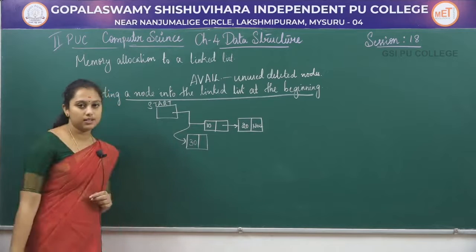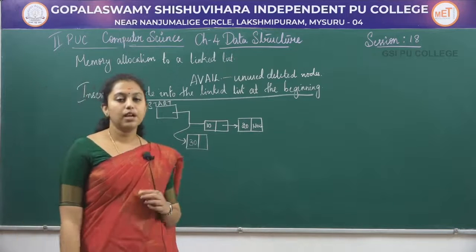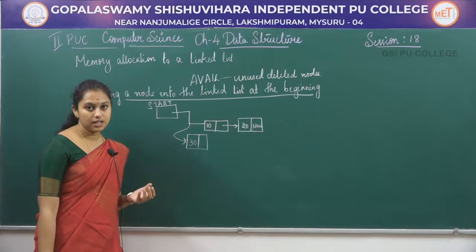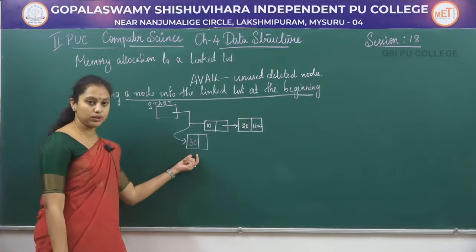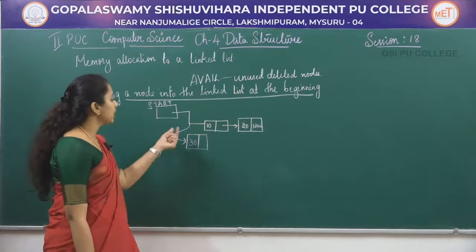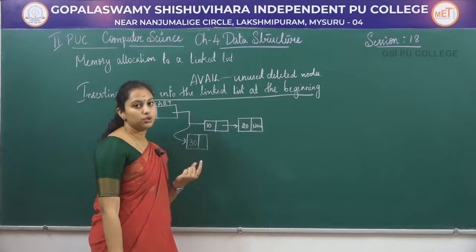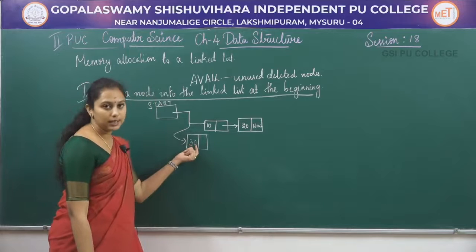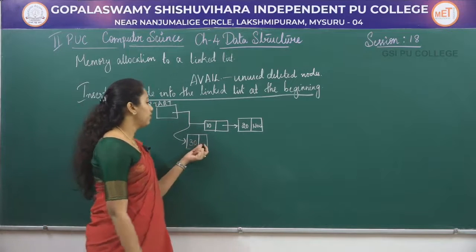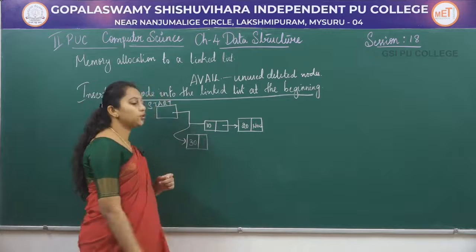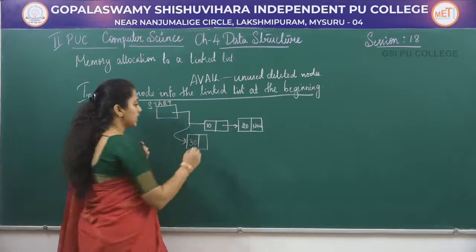So how to insert? We have to follow some steps. First we have to create a new node, then we have to insert an item into the data part of the new node. Then for the link part we are going to write null here.